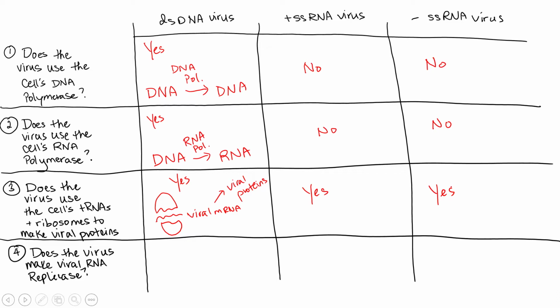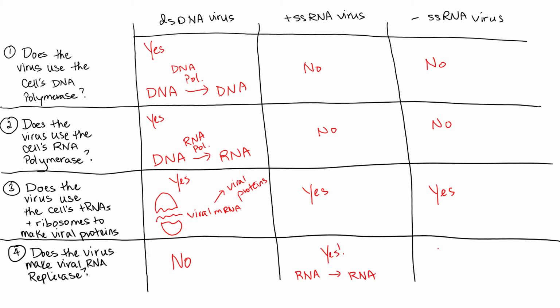Number 4, does the virus make the viral RNA replicase? That is the enzyme that copies RNA into RNA. The double-stranded DNA virus does not have use for that, so no. The single-stranded RNA virus does copy RNA into RNA, the function of RNA replicase, so yes.